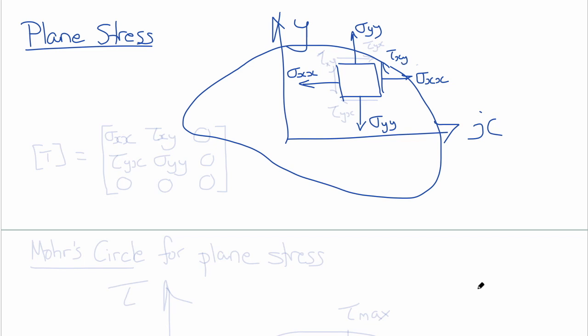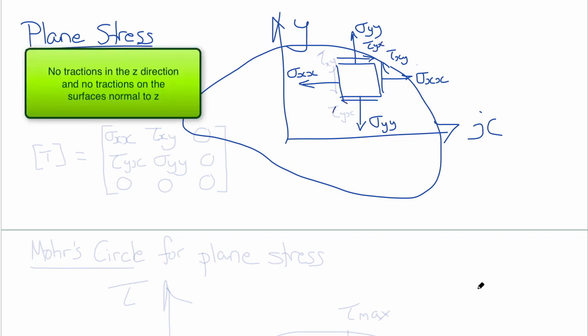So in other words, acting on the x surface in the y direction and acting on the y surface in the x direction. But no tractions with components in the z direction. In other words, no stresses with a z in them, and no stresses acting on the z normal face.